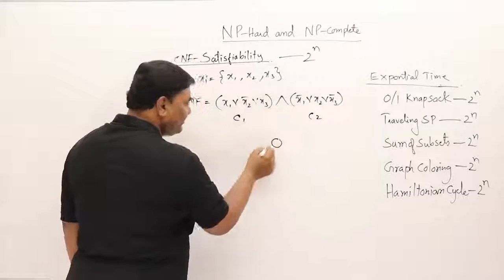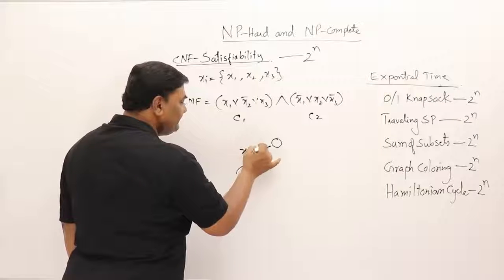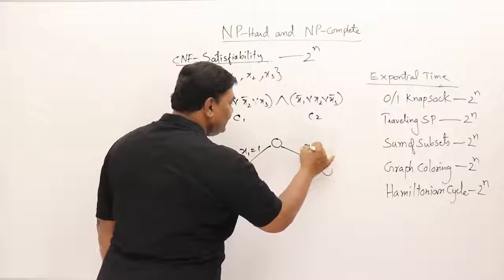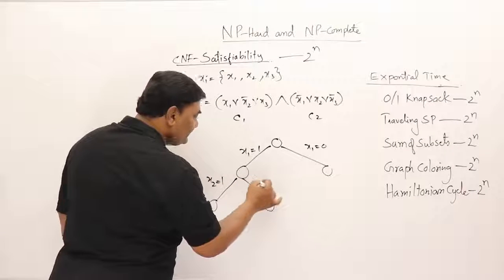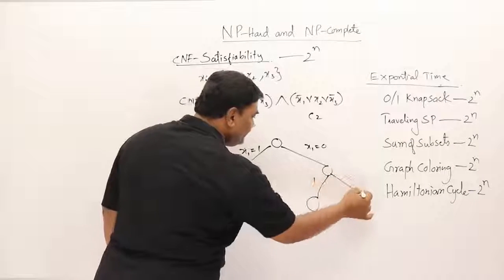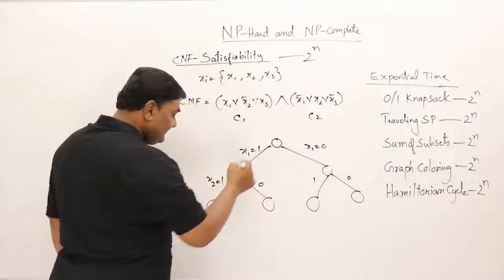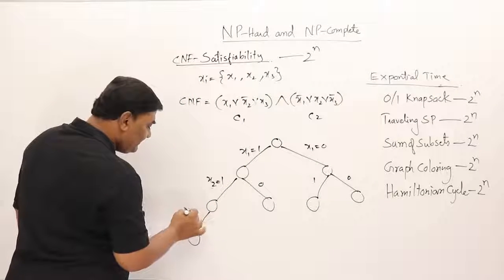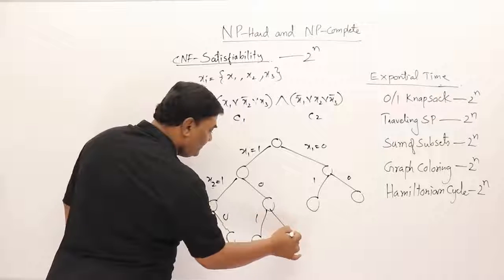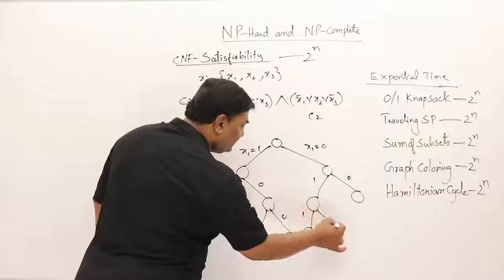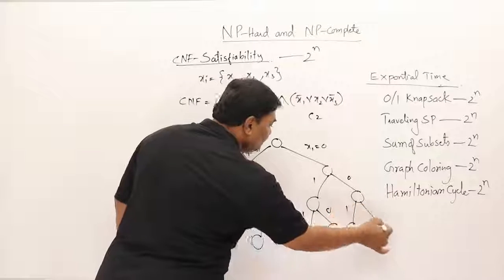The solution for this problem, I can say that x1 is 1 or x1 is 0, x2 is 1 or x2 is 0, x2 is 1 or x2 is 0. There are 3 variables, so x3 can be 1 or 0, 1 or 0, 1 or 0, 1 or 0.